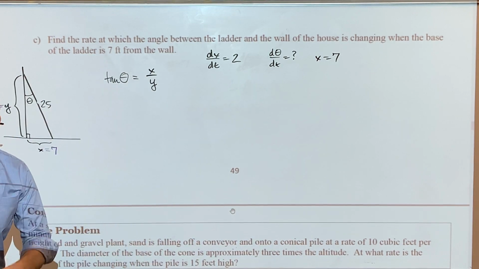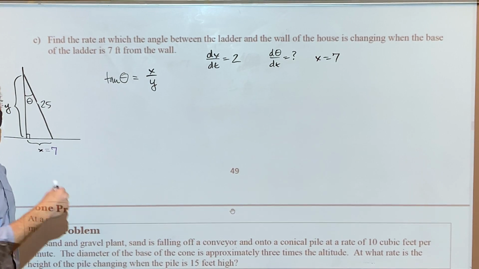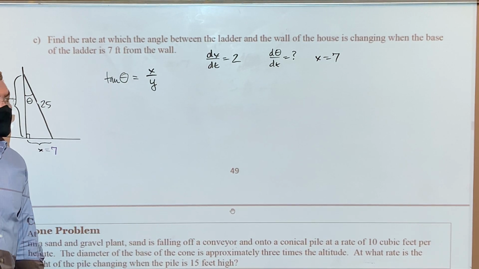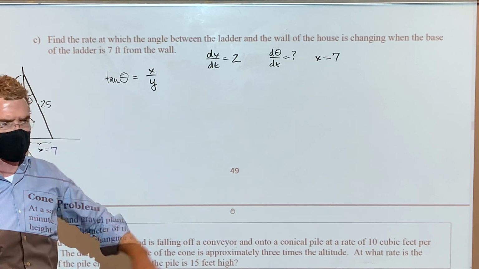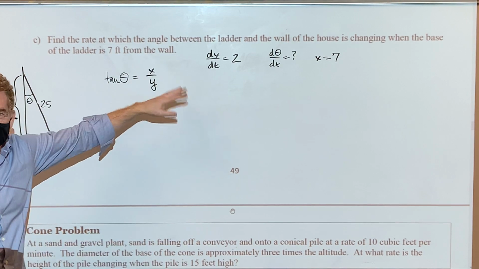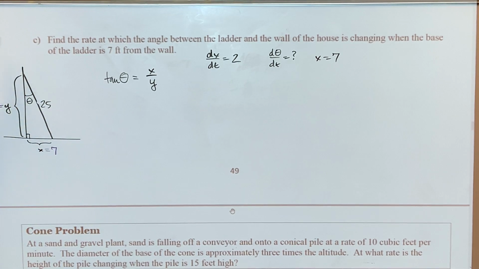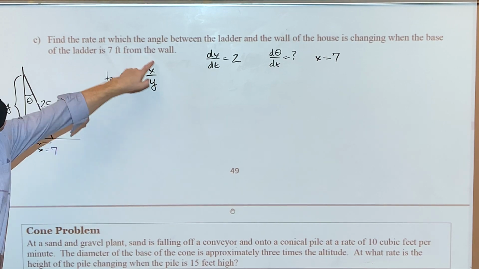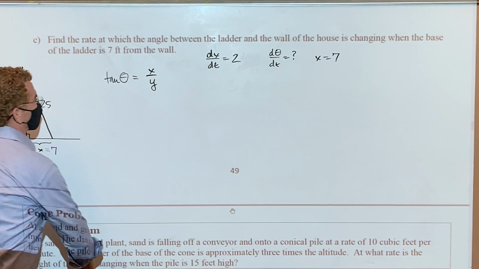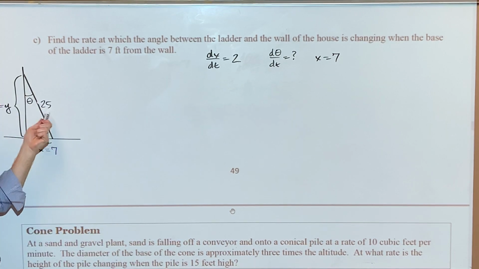Now, like I mentioned before, we do know dy dt from problem 1. But most of the time, we're not going to get these kinds of problems. This doesn't happen anymore on an AP test. This was an old AP question. I might have changed some numbers, so I didn't have to give credit or something. But I don't like that because there's too many variables. But sine's great because this is a locked-in variable.